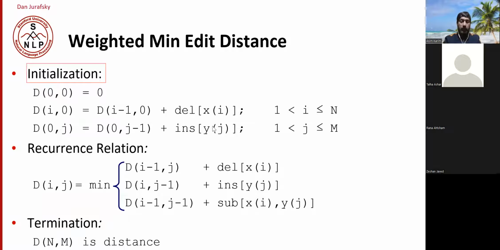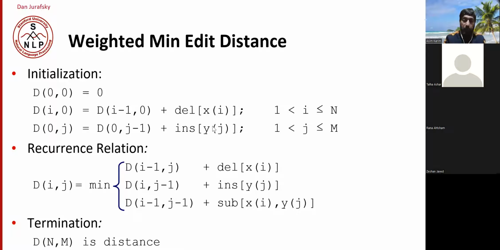So for the weighted edit distance form, the algorithm is very similar. The only difference that you see is wherever previously we had added a 1 for a deletion, we will now add the cost of the deletion. And wherever we have added 1 for the insertion, we will add the cost for insertion.